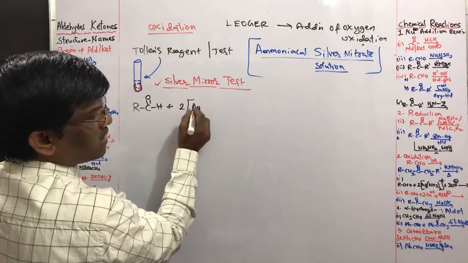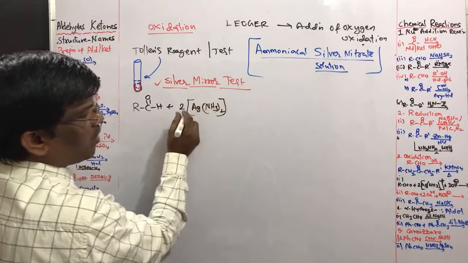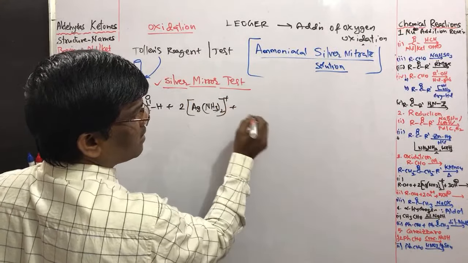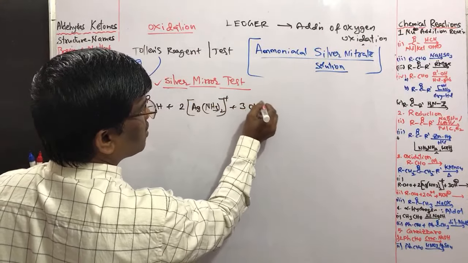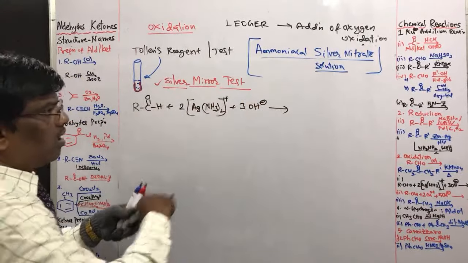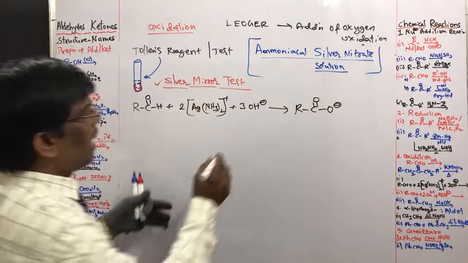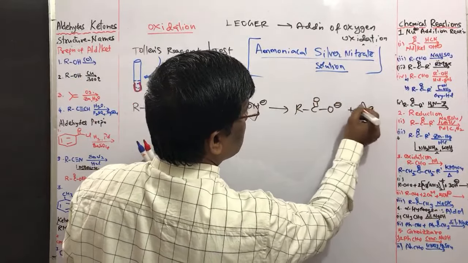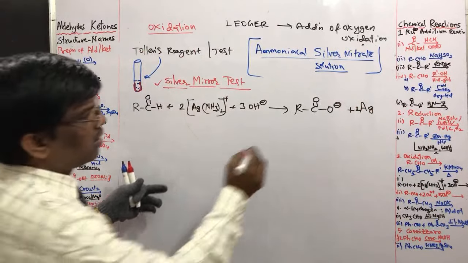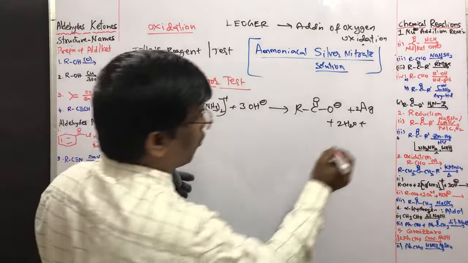The ammoniacal silver solution is going to have a positive charge, nitrate charge, and in presence of base OH minus, we are going to get the aldehyde oxidized to acid, RCOO minus, and it is going to form silver, then 2H2O, and the remaining is ammonia.